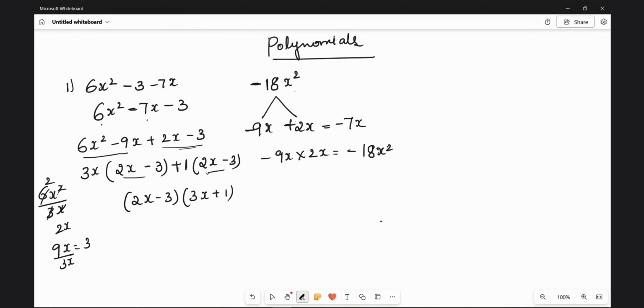So what will be the zeros now? 2x minus 3 is equal to 0. 2x is equal to 3. x is equal to 3 by 2. Another one, 3x plus 1 is equal to 0. 3x is equal to minus 1. x is equal to minus 1 by 3.